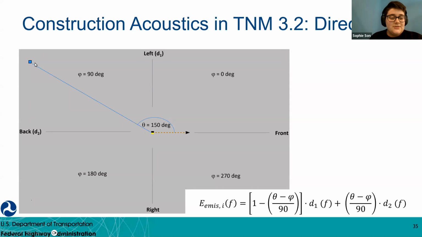That means this receiver is 60 degrees from the left source, 30 degrees from the back source, and the emissions for the back and left spectra will be scaled appropriately based on that angle relationship. And the front and right sources for this particular source and receiver combination will be ignored. And this angle is evaluated on every source to receiver pairing.